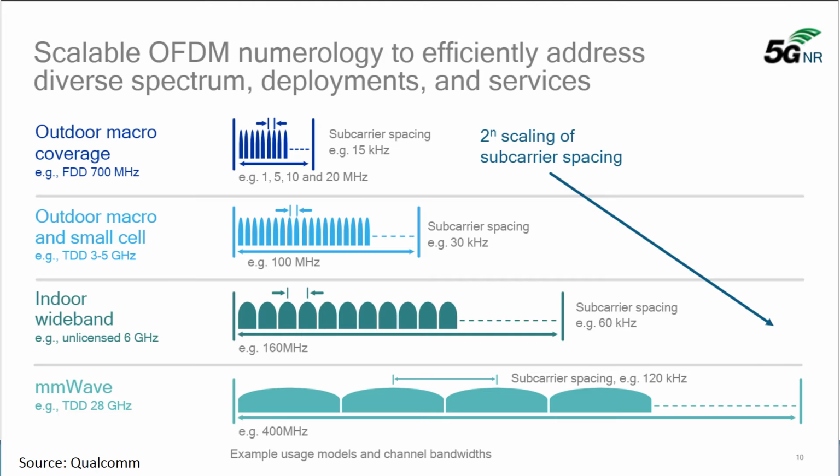And if you go to millimeter wave, where the cell sizes would be actually quite small, and beamforming would be used to reach the devices from the transmitter, you can have even much larger subcarrier spacing of 120 kilohertz. So the OFDM subcarrier spacing would be variable depending on what the scenario is.